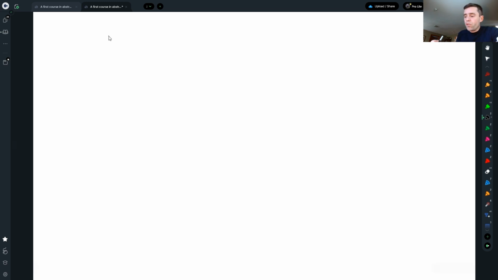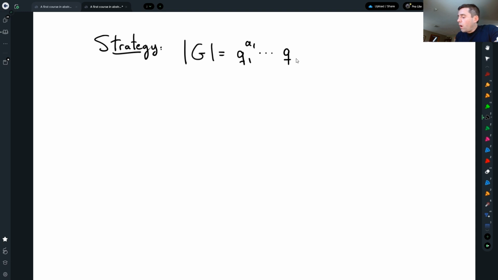The strategy for the proof is going to be as follows, which is going to explain why I'm interested in P groups in the first place. So suppose, first of all, that G is of order, using the unique prime factorization with different primes, Q1 to the A1 up to Qr to the Ar, with these Qi distinct primes, and each exponent some natural number.